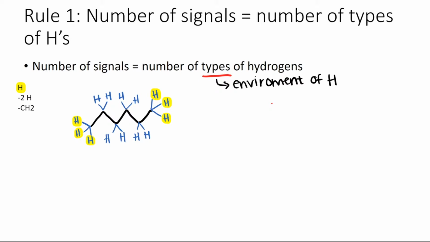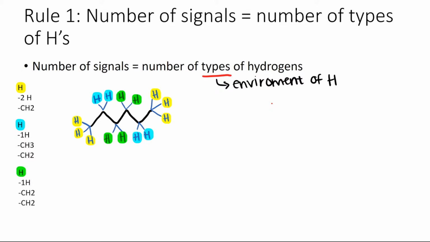So the environment that all these yellow hydrogens are in are the same because the carbons that they're bonded to are the same. The hydrogens I highlighted in blue here are the same but different to the hydrogens in yellow because they are bonded to a carbon that's bonded to different things than the hydrogens in yellow. They're bonded to 2 CH2s. The hydrogens in green also are another set and share a carbon atom bonded to 2 other CH2s.